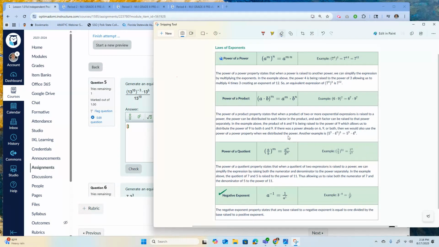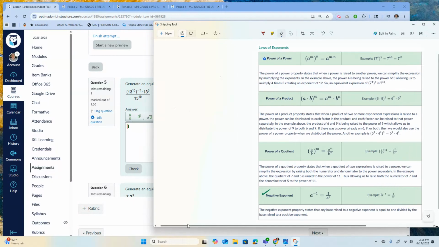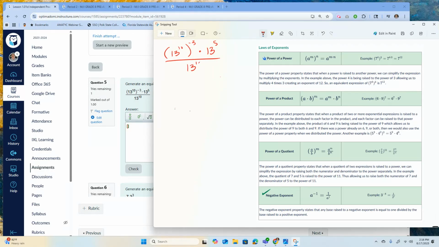Here's problem number 5. It looks like a fraction, but this fraction has parentheses on the top. I also see the base 13 repeated on the top, and they are multiplying. So here we go. First thing I like to do is get rid of parentheses. I don't want parentheses.